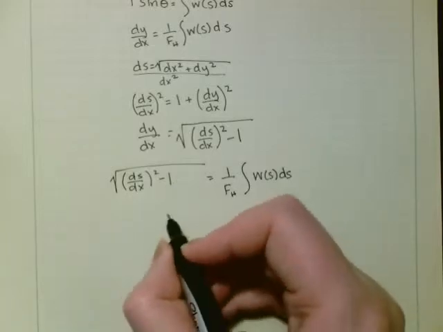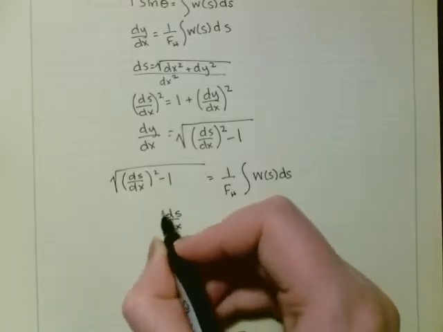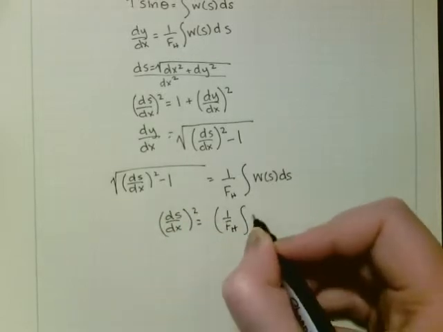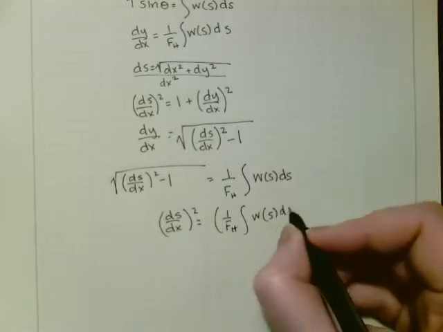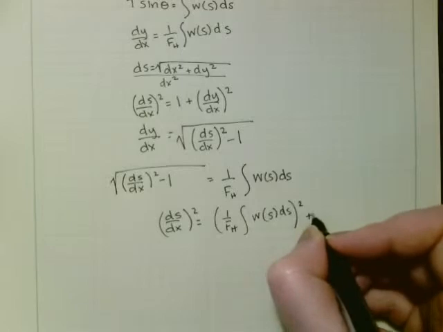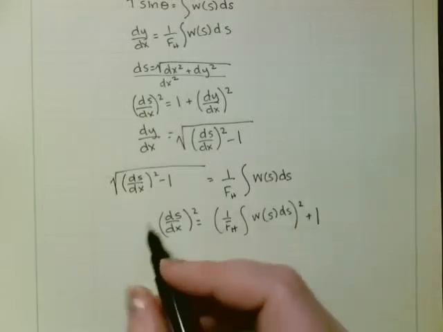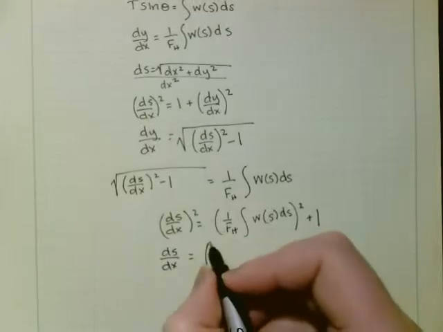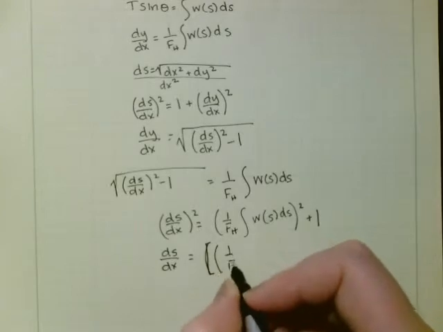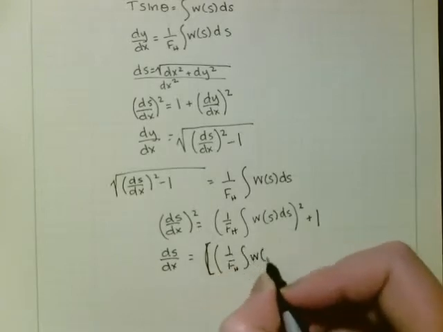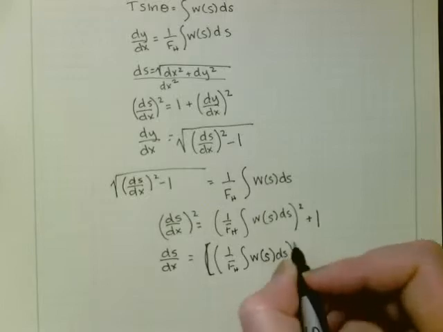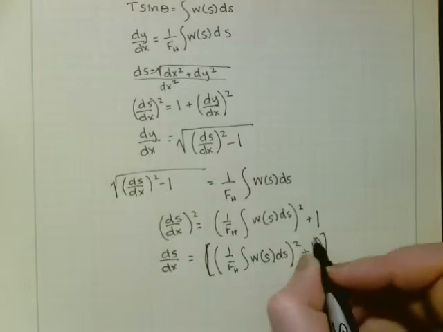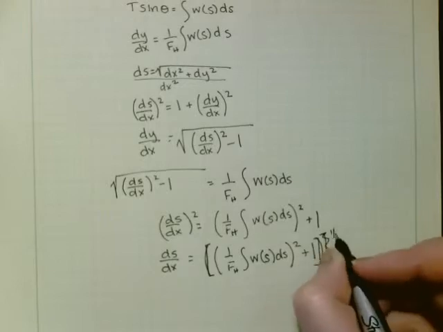Square both sides of the equation, we get (ds/dx) squared is equal to (1 over F_H times the integral of w(s) ds) squared plus 1, and then we'd have to square root the whole thing, so ds/dx is equal to ((1 over F_H times the integral of w(s) ds) squared plus 1) to the 1/2.